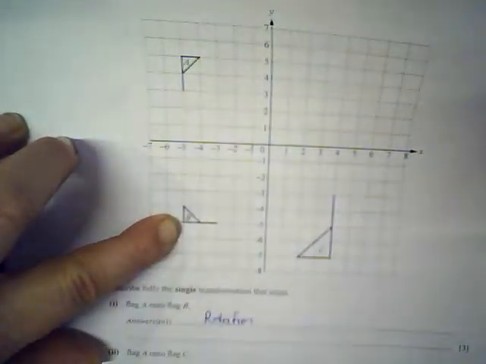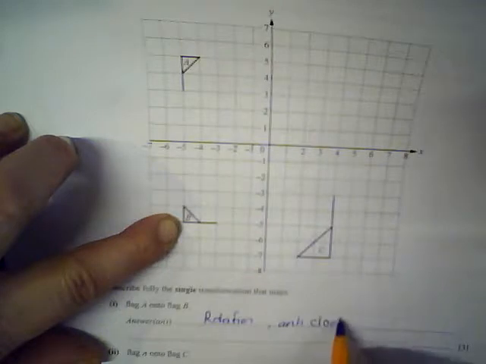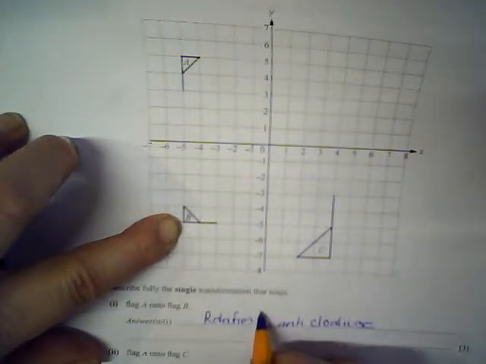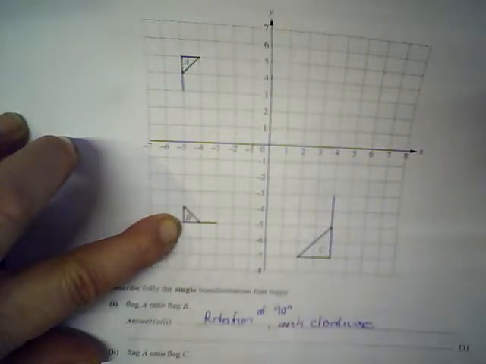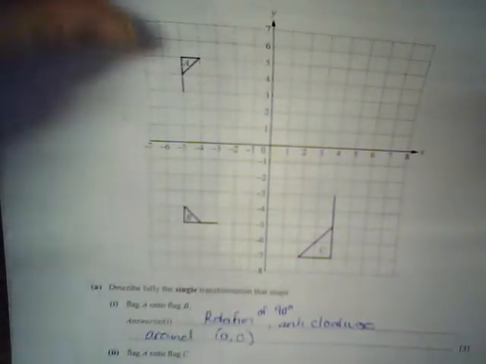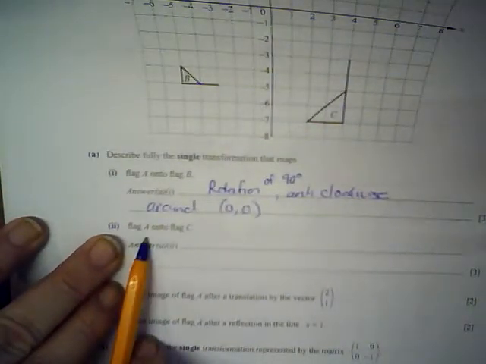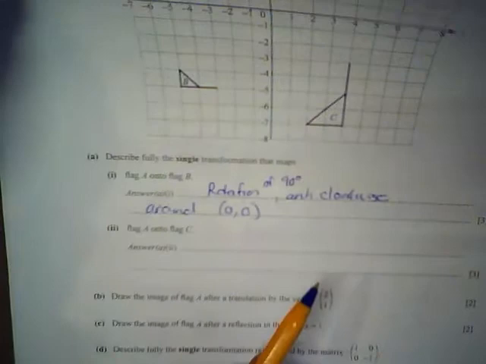and we can see it's an anti-clockwise rotation of, sorry, I should have said of 90 degrees, anti-clockwise around the point 0, 0. Okay, good. Then the next one is, what happens to A to get A onto flag C?